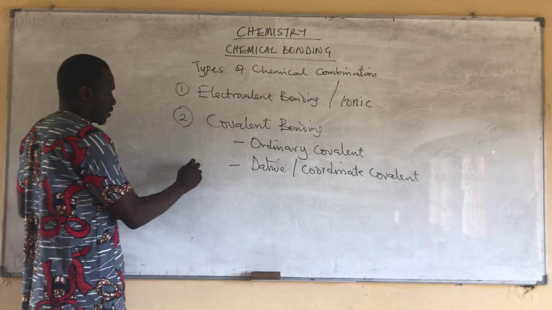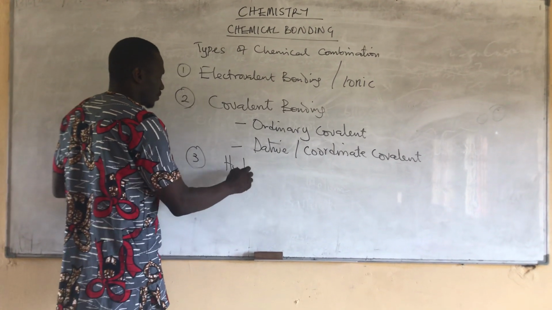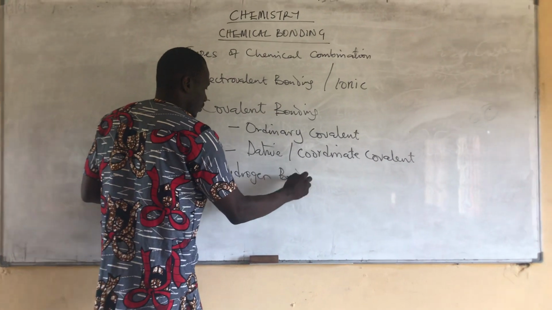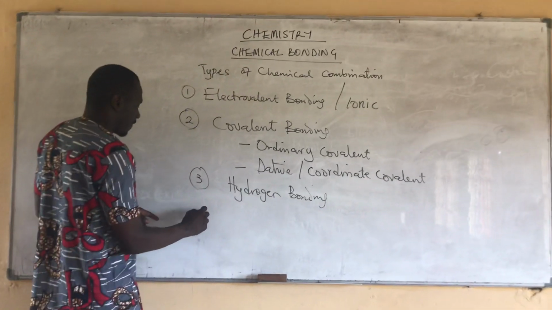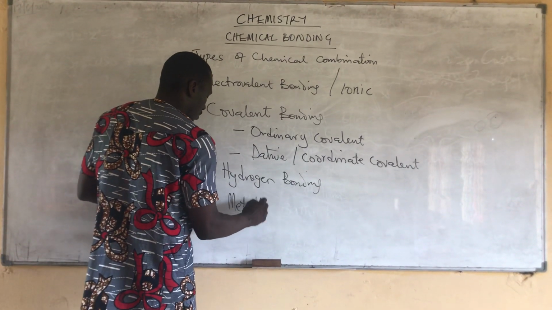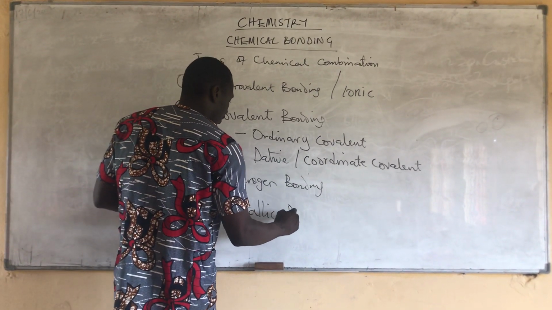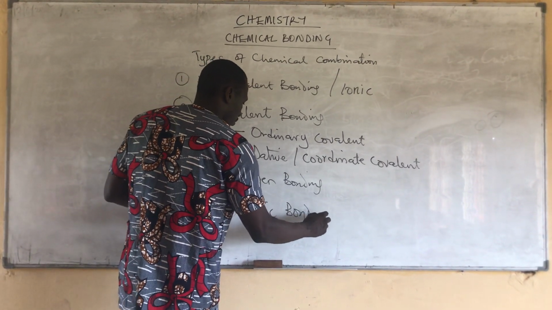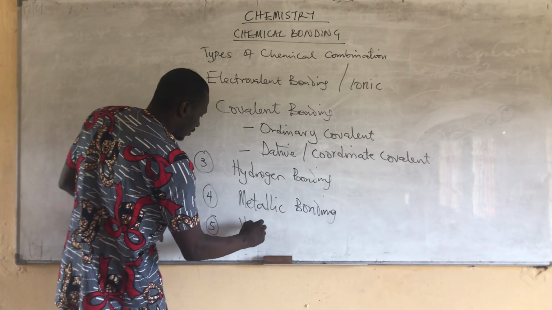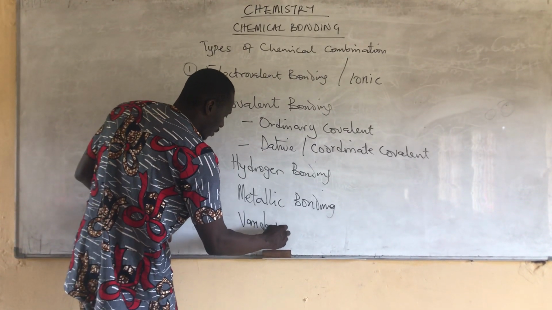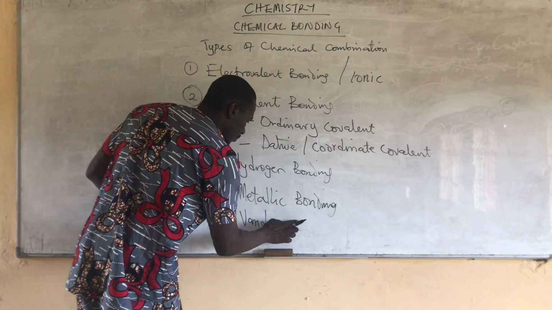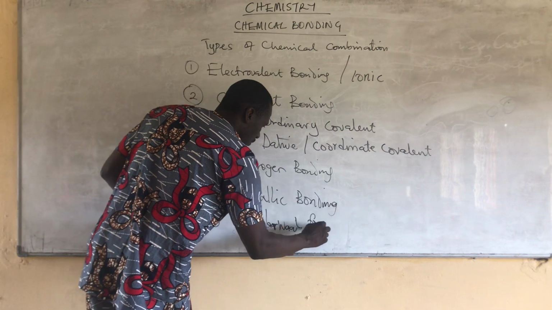Number 3, we have hydrogen bonding. Number 4, we have metallic bonding. Then we have the weak force of attraction, the Van der Waals force.